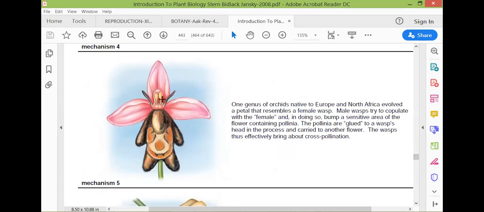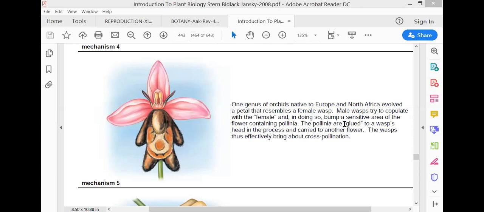So this is your pseudo-copulation concept. One genus of orchids native to Europe and North Africa evolved a petal that resembles a female wasp. Male wasp tries to copulate with the female, and in doing so, bumps a sensitive area of the flower containing pollinia.